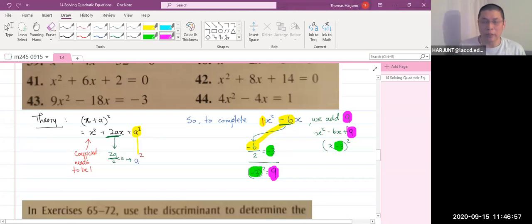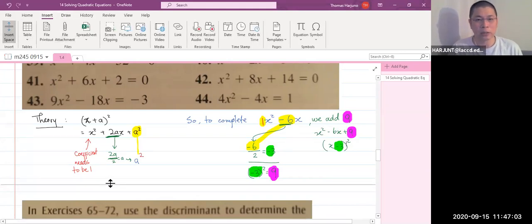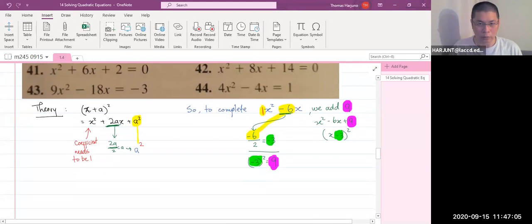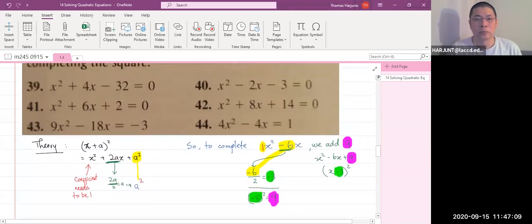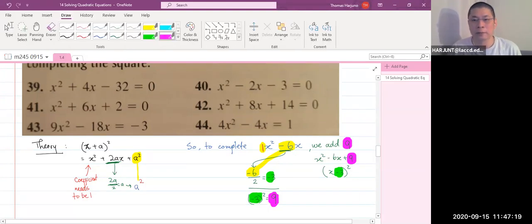Okay, but again, the leading coefficient has to be 1. What happens if it is not 1? Then make it 1. Let's take a look at number 40. It is not interesting because it's actually factorable, but let's do it anyway.